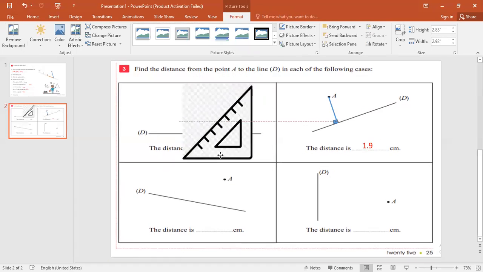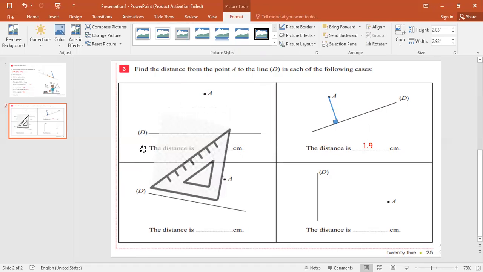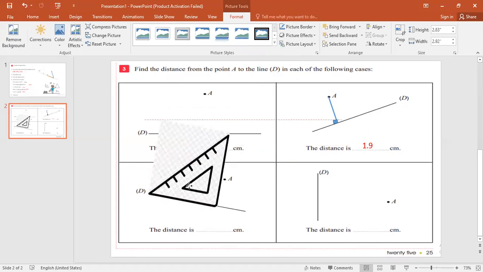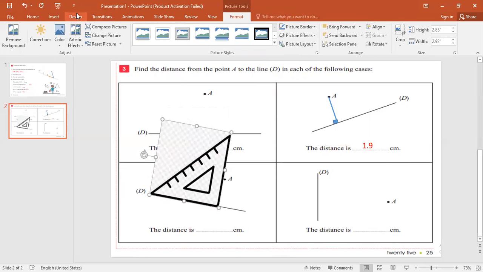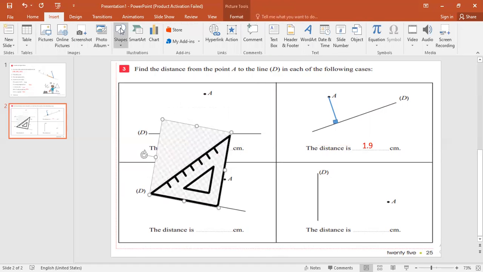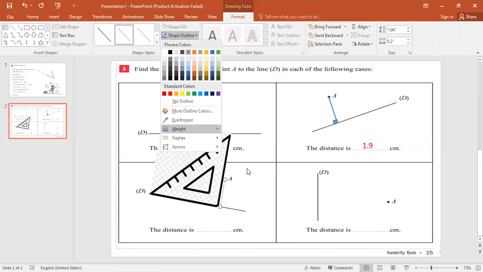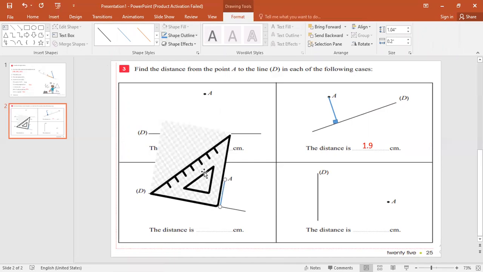We put it on the line D. And we move it till it passes through A. Then we draw a perpendicular from A to D, but we don't elongate it because we have to find the distance.